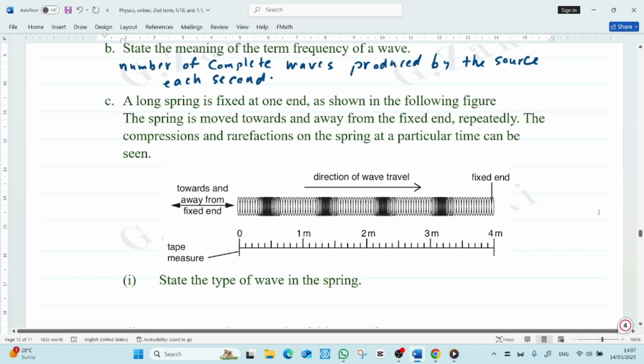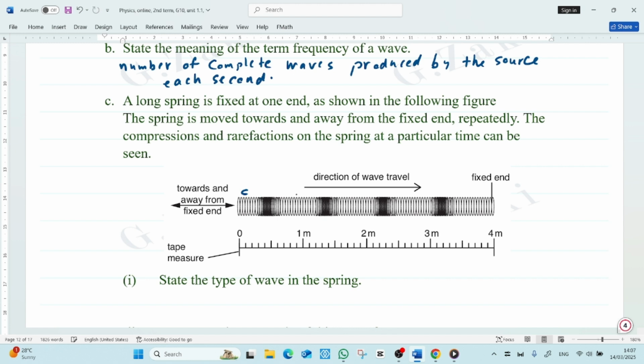Next part. A long spring is fixed at one end as shown in the following figure. The spring is moved towards and away from a fixed point repeatedly. The compressions and rarefactions on the spring at a particular time can be seen. So you can see here, this is compression, this is rarefaction, this is compression, this is rarefaction, and so on.